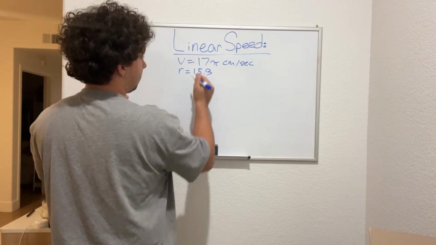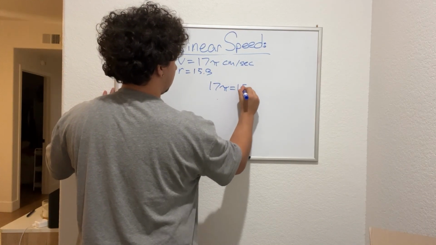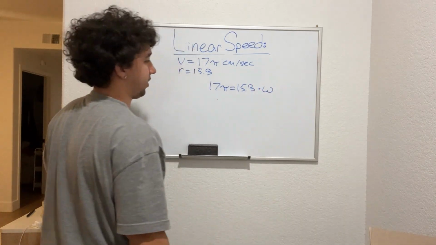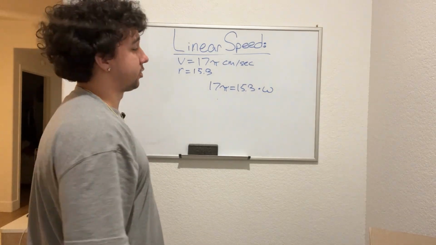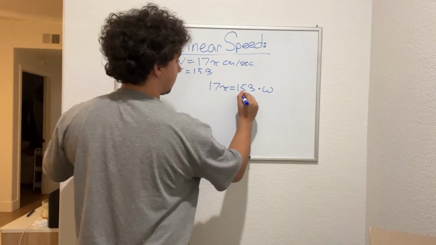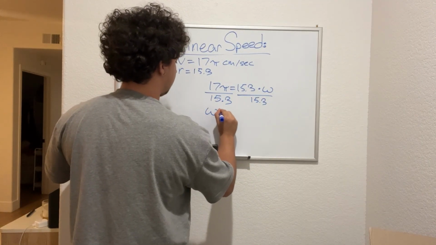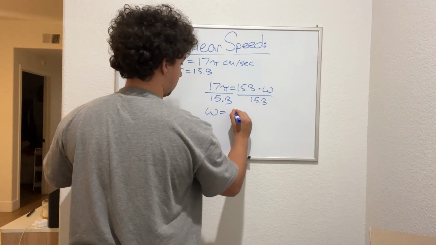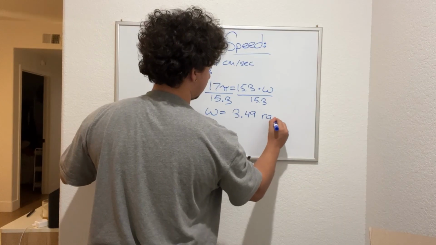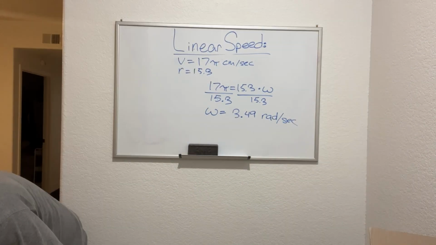It's just now that I've been given my linear speed value, it's going to be 17 pi is equal to 15.3 times W. Well, inverse operations, how do I solve this? 15.3 is multiplying by W, so the opposite in this case is divide. So at the end of this, I'm going to get W is equal to 3.49 radians per second. That'll be it.